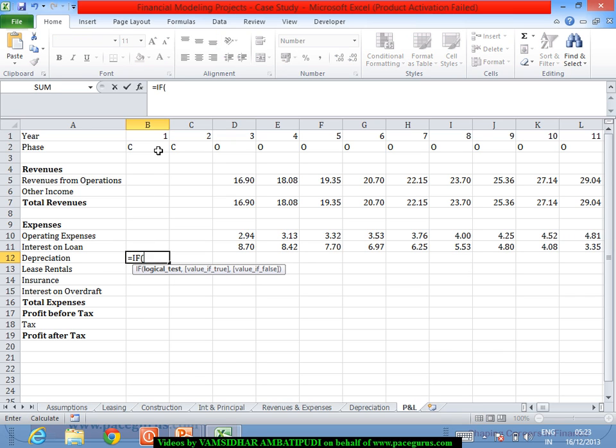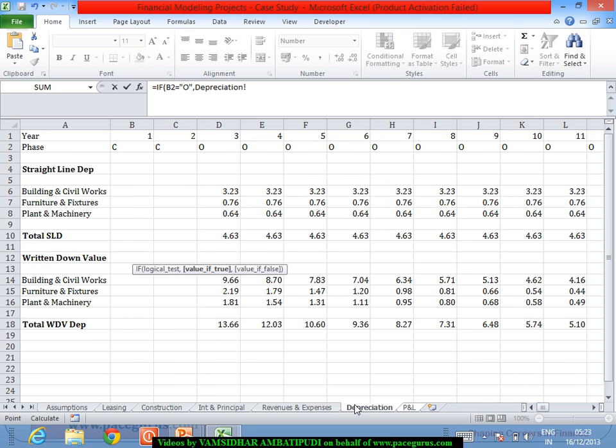Same logic. If this is equal to O, then only I will populate the depreciation. For depreciation, we have created a schedule, and please keep in mind that the depreciation we take in the financial statements is the straight line depreciation only.